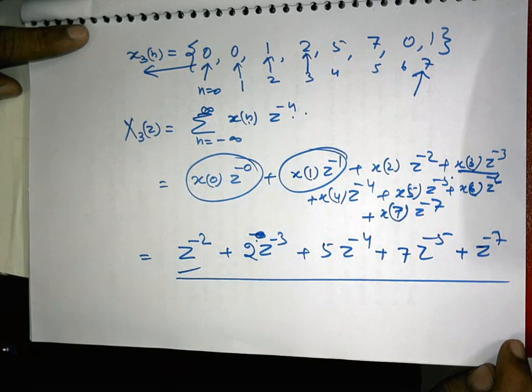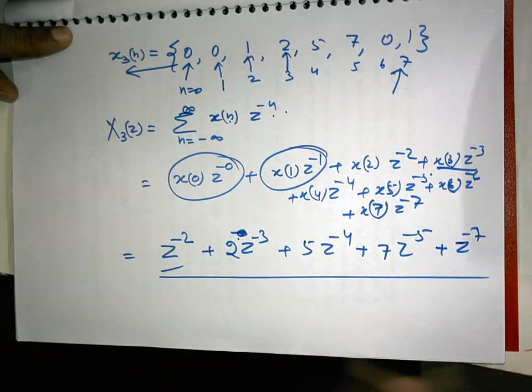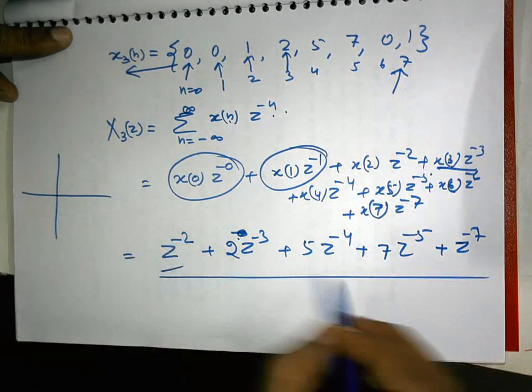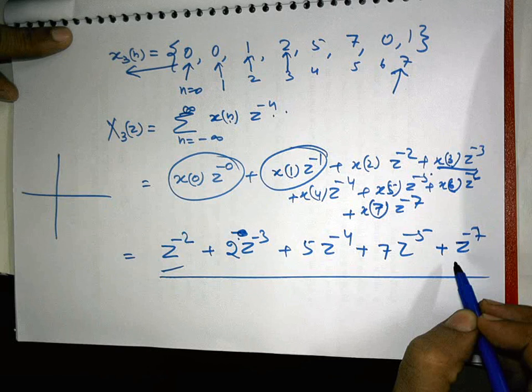But this is not the complete Z transform. The Z transform takes its complete shape only if you specify the region of convergence also. So what will be the region of convergence if you look for the different values of z? This power series converges for all values of z except z equal to 0.